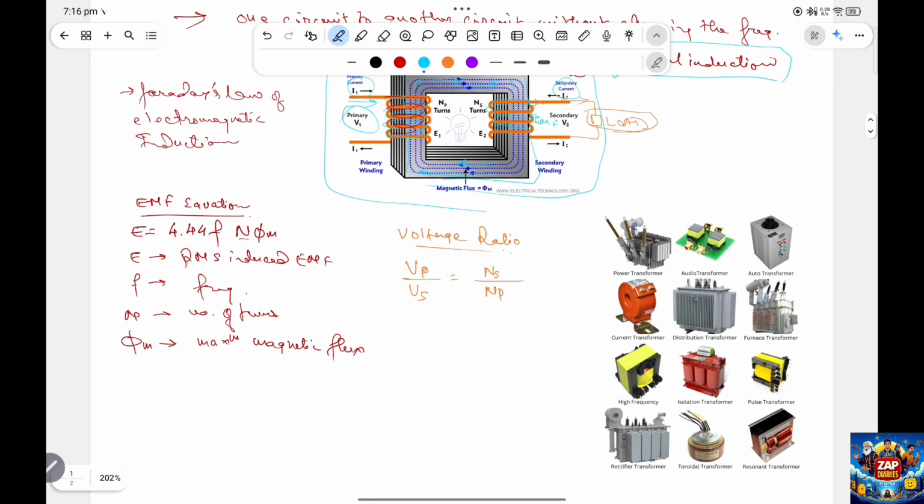Some I have over here, like I have a power transformer. This is how a power transformer looks. You might have seen it in some substation if you really did visit. Or these are audio transformers.